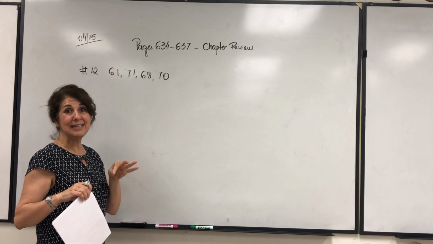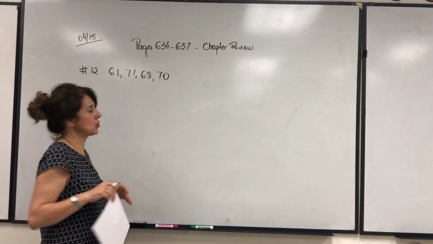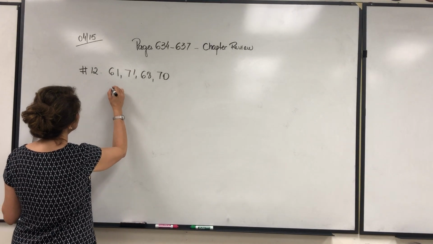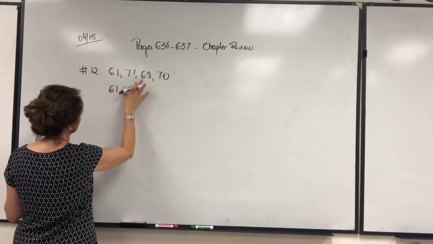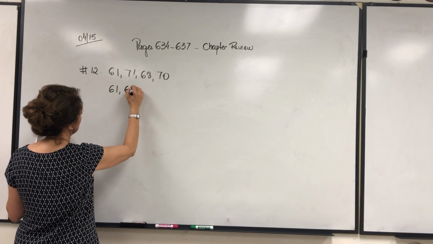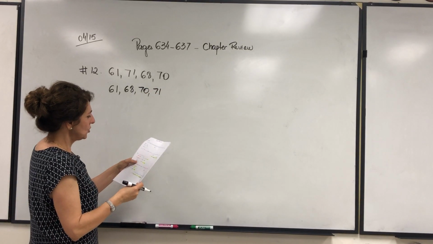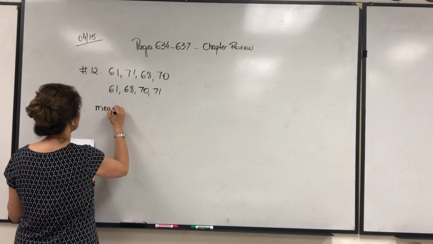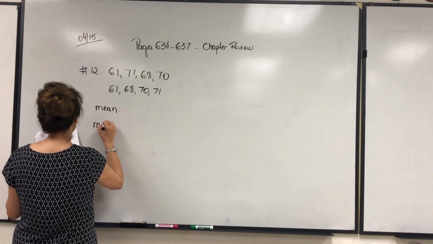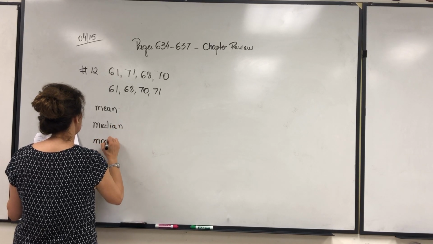It interferes with the median especially. So let's see, the order here is 61 and then 68, 70, and 71. The things that I have to find here are the mean, the median, and the mode.